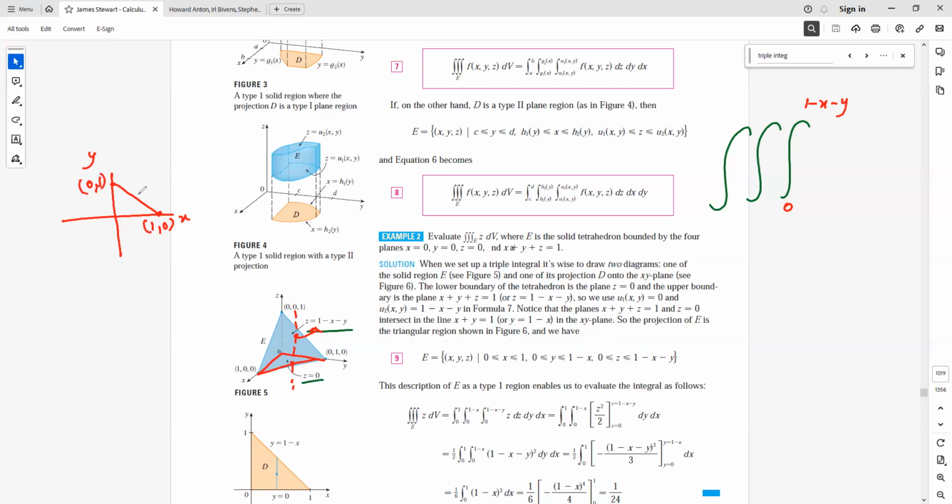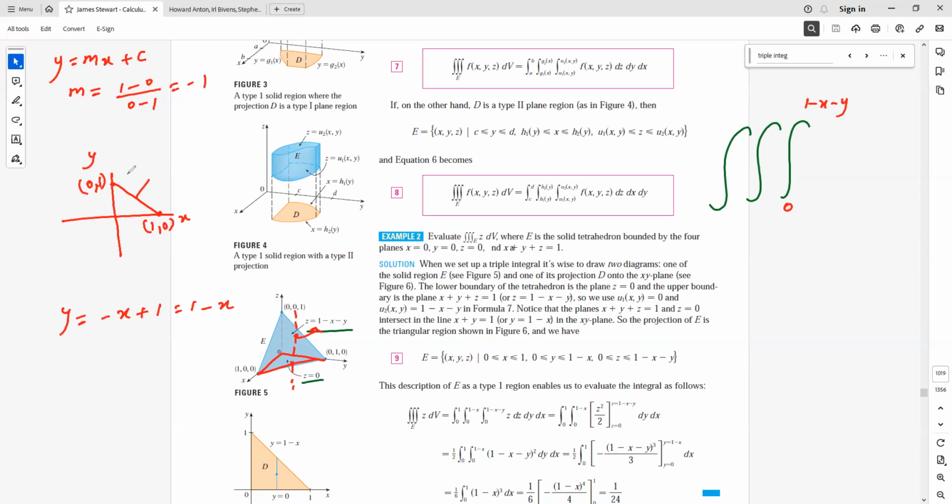So the equation of this line can be found by using y equals mx plus c, where c is equal to 1 and m equals y2 minus y1, that is 1 minus 0, over x2 minus x1, which is negative 1, so it is negative x plus 1, that is 1 minus x.